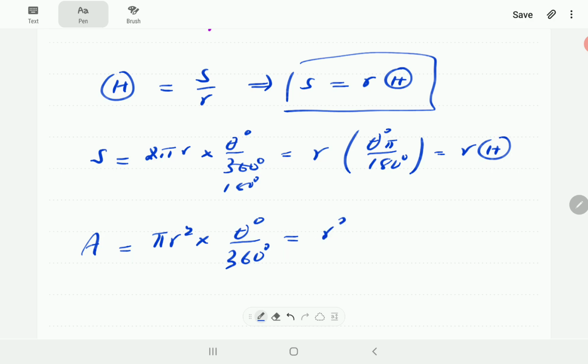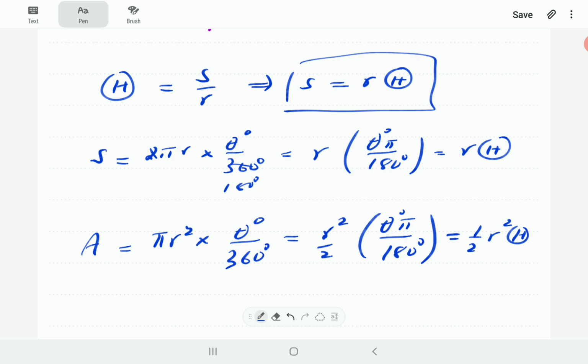So we're going to have r squared theta multiplied by pi. We have 180 here, but we've got 2 times 180. So we're just going to put the 180 here and bring the 2 this side. Then this now is our angle in radians. So our formula for the sector in radians is just going to be A equals half r squared theta.